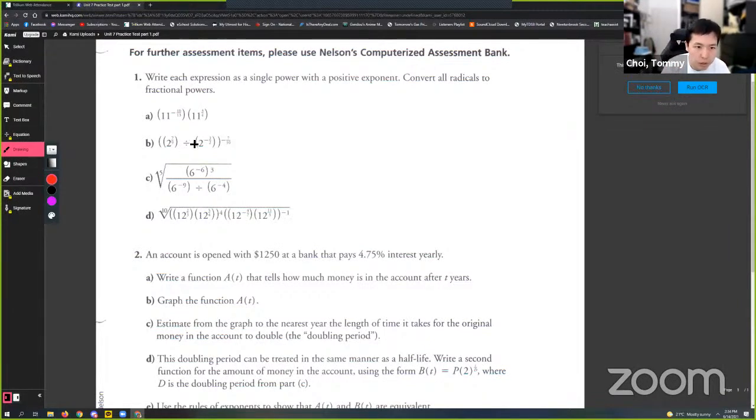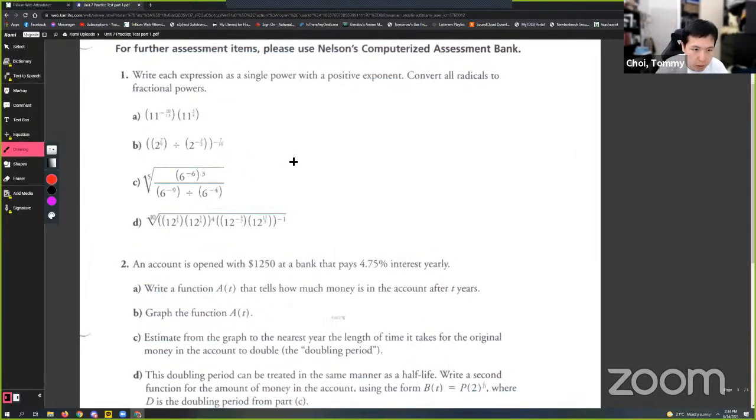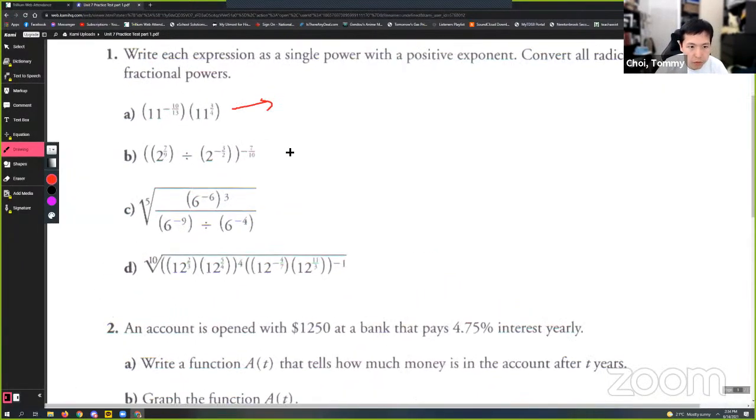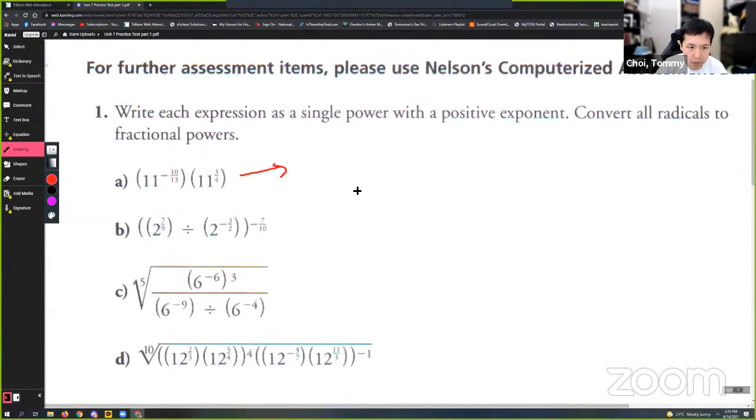So for example here, just because they're fraction exponents doesn't change anything. This, I'm going to zoom in, 11 to the power of negative 10 over 3 times 11 to the power of 3 over 4. That's just 11 to the power of negative 10 over 3 plus 3 over 4. So all it's asking you to do is, hey, can you do fraction math?